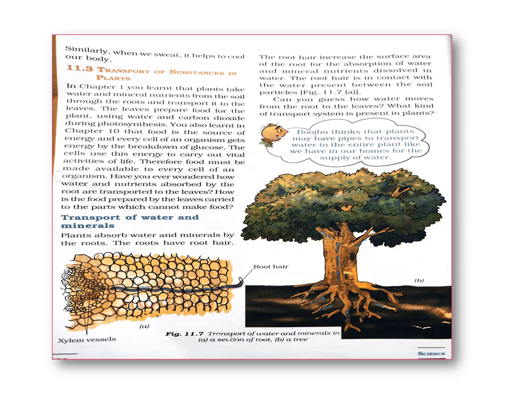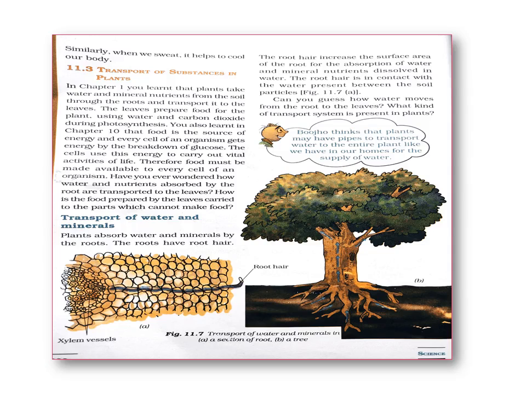So xylem and phloem transport substances in the plant. The first one, the water and minerals absorbed by the roots are transported to other parts of the plant with the help of xylem, and the food prepared by the plant is transported to other parts of the plant by phloem.